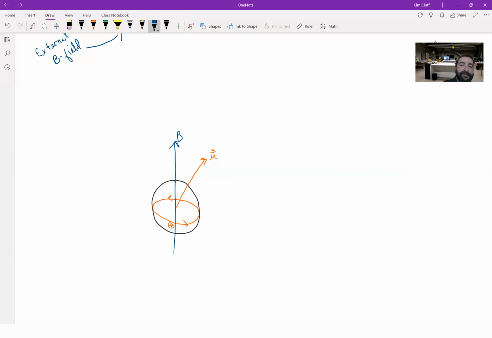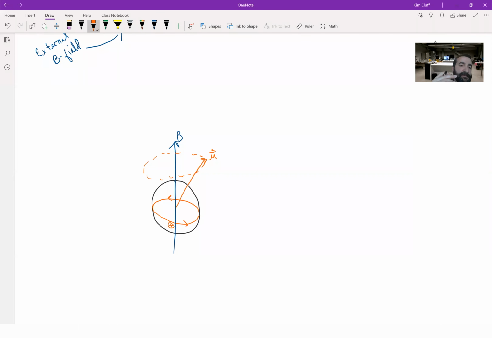So this magnetic moment is precessing or wobbling about that external B field at a certain frequency. You can calculate that frequency with the gyromagnetic ratio and the strength of the B field.